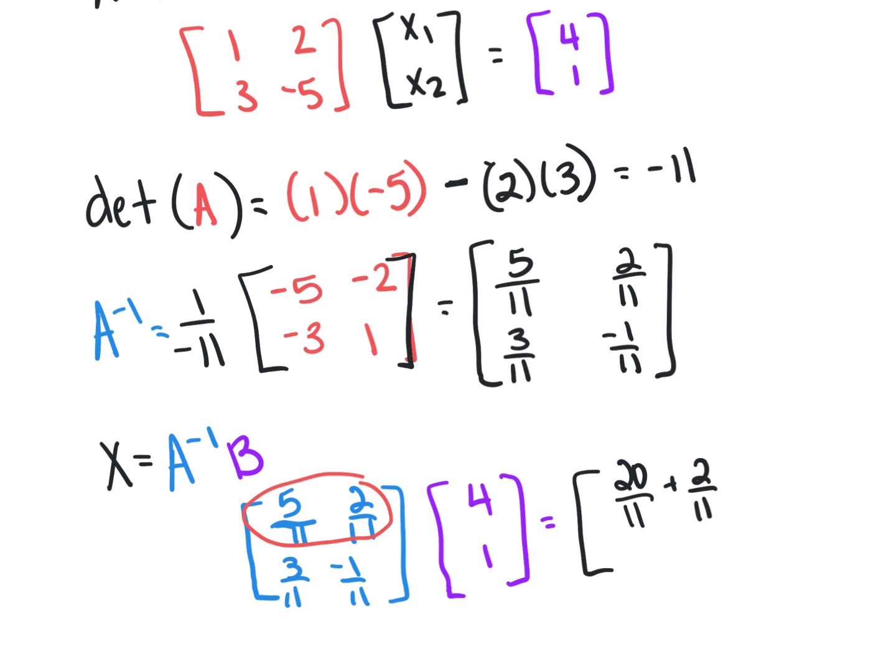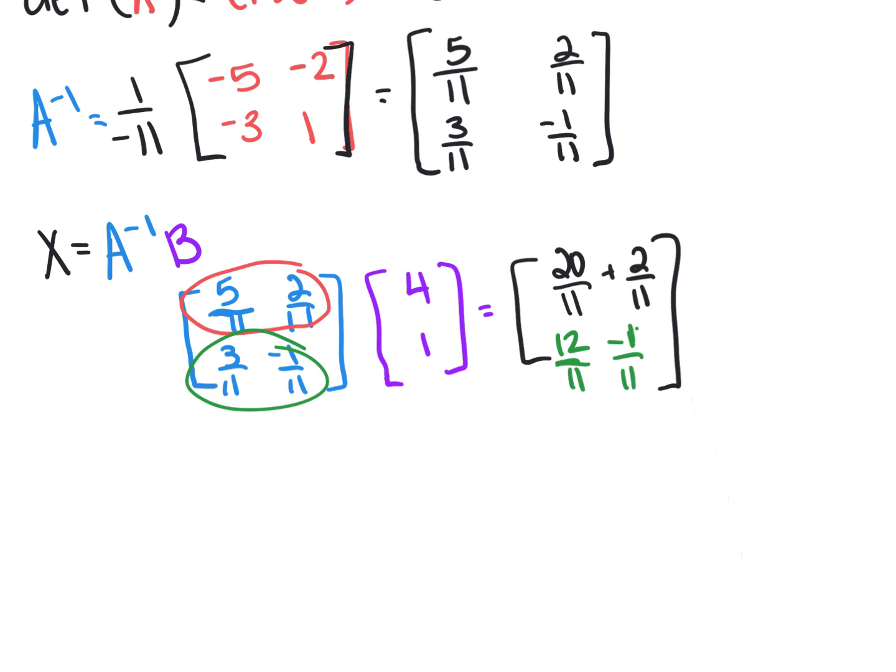Now the next row by a column. 3 11ths times 4, that's going to be 12 11ths. And then -1 11th times 1 is -1 11th. If we clean this up, all of this has to equal the variable matrix, which is x1 and x2 here.